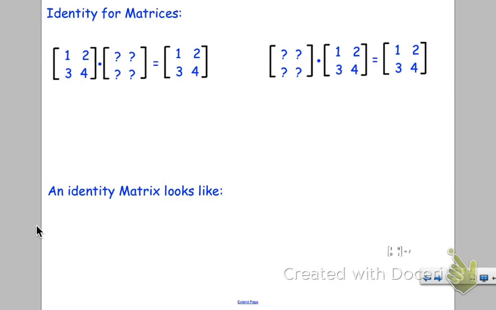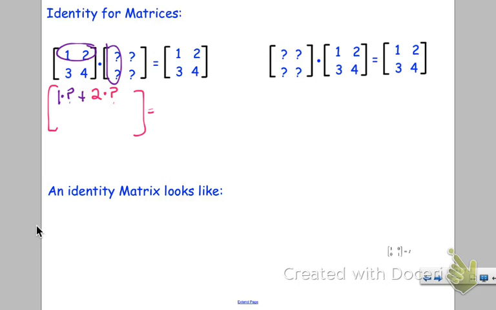But what in the world does an identity look like for matrices? Well, we want it to be the thing that does nothing when we multiply by it. So for matrix multiplication, we'd multiply rows by columns. So we're going to have 1 times that first question mark plus 2 times that second question mark, right?